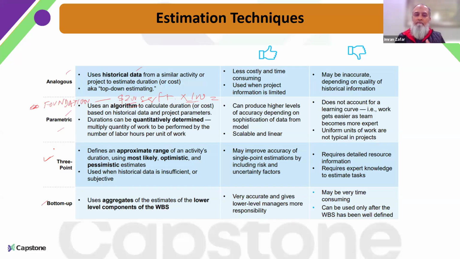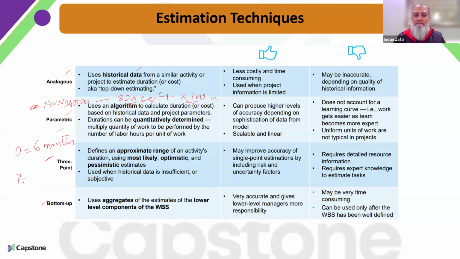Let's say I have to construct a house. If I am being very optimistic, my optimistic estimate is that it will require, let's say, 6 months to complete that particular house.